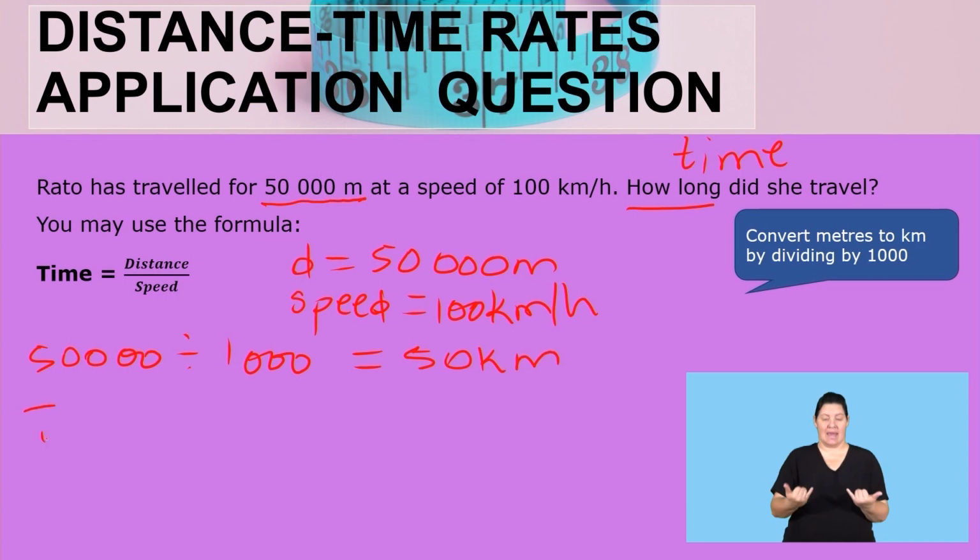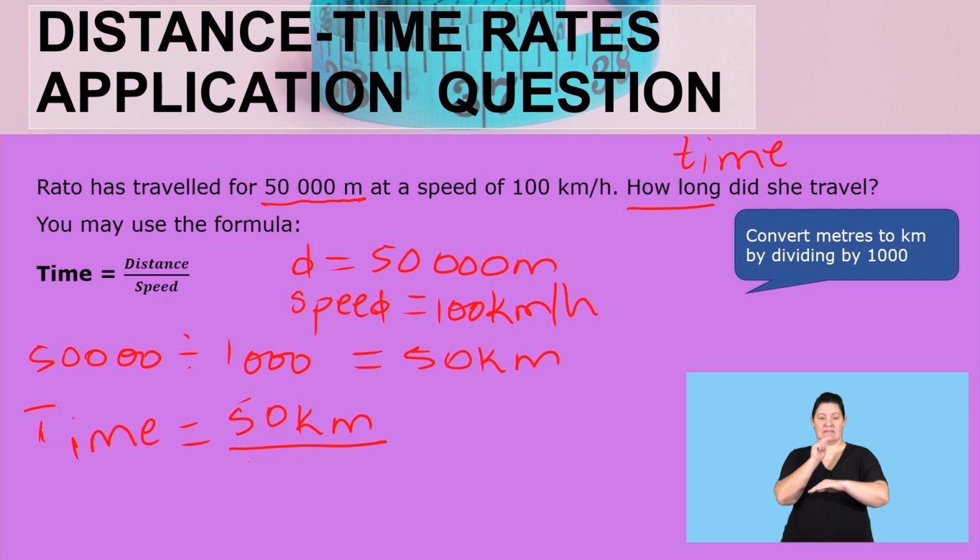Then we can calculate the time. The time that we are calculating is, we take the distance, because the formula is distance divided by the speed. 50 kilometers divided by 100 kilometers per hour.